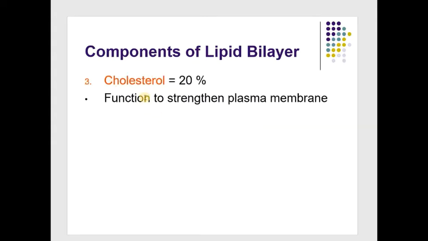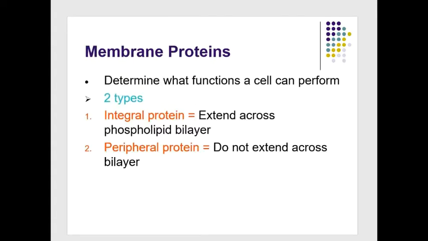Okay. We also have cholesterol. This is part of the bilayer, the plasma membrane, that's going to aid in strengthening and supporting it. We want it strong, but we don't want it too strong. But if it's not strong enough, it'll collapse on itself. We have two different types of membrane proteins in our plasma membrane.